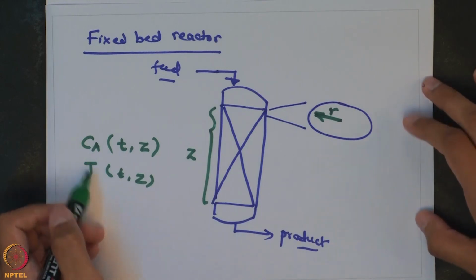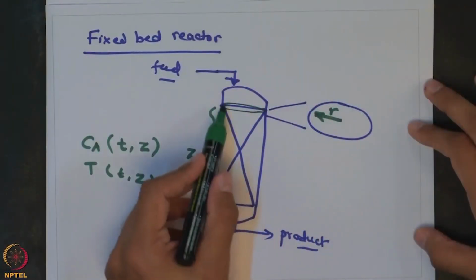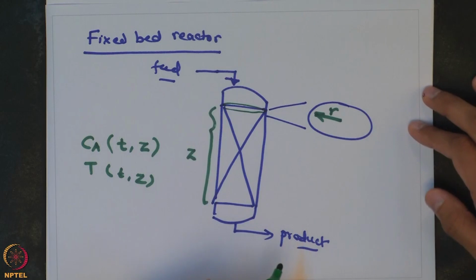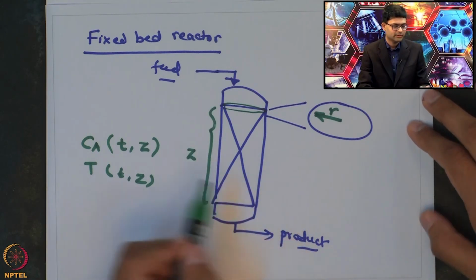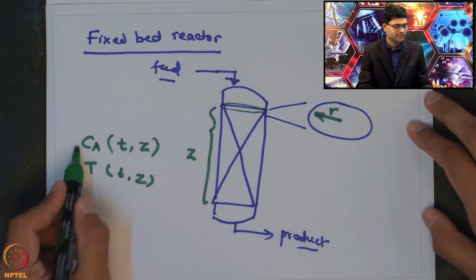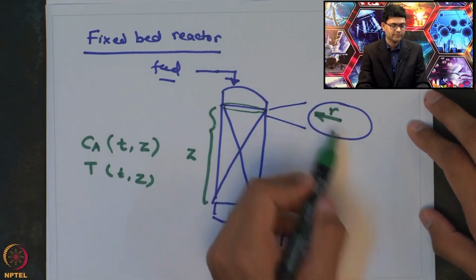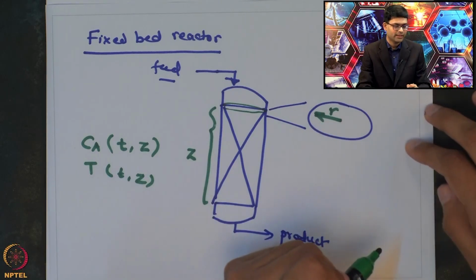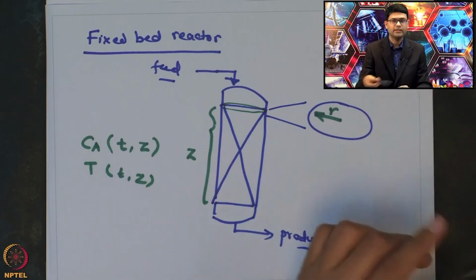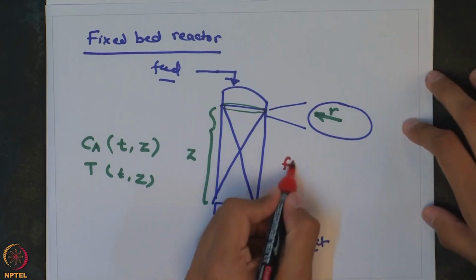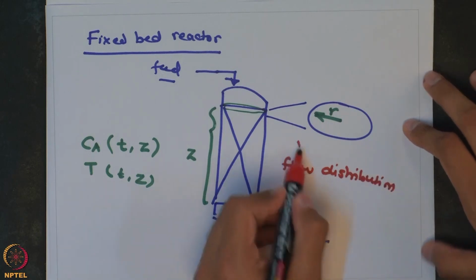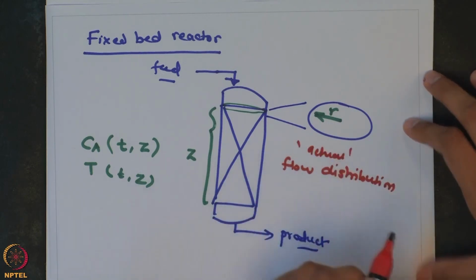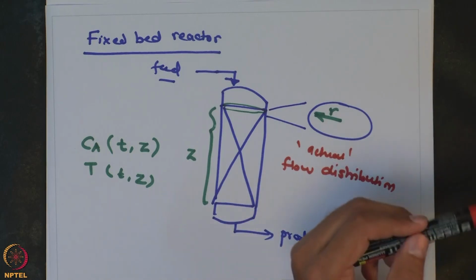Even though when we design we assume that radially the entire section is uniform, and we make a plug flow type assumption, in reality you can expect that these concentrations and temperatures would also vary as a function of radial distance, and all that is dependent on how well the flow is distributed. So it all depends on flow distribution, or I would say actual flow distribution, not a theoretical or ideal flow distribution which we use to design this kind of system.